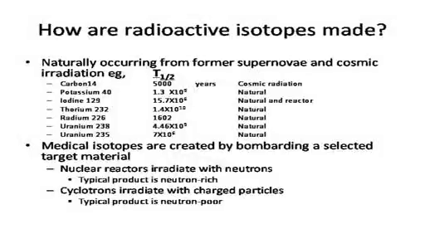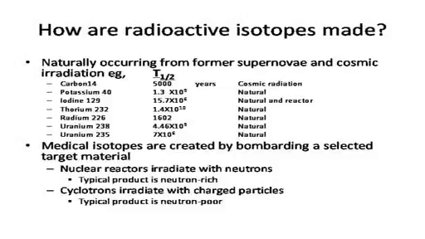Now, nuclear reactors irradiate the targets that we select with neutrons. Cyclotrons are another kind of radiation machine that you may have heard of. They are machinery that uses electricity to power up, and they can irradiate targets with charged particles.